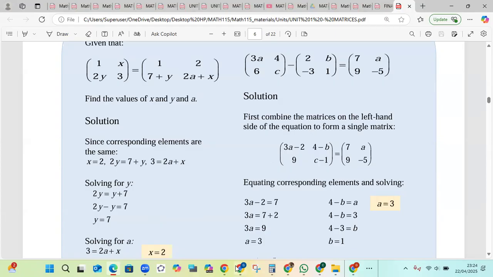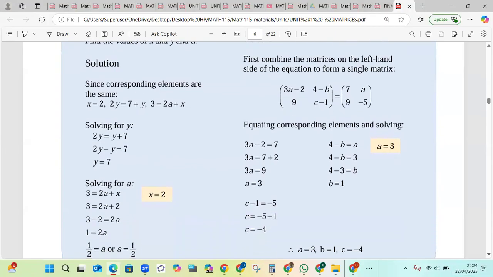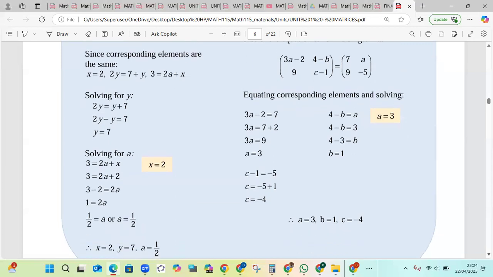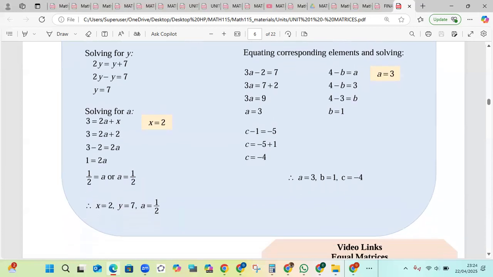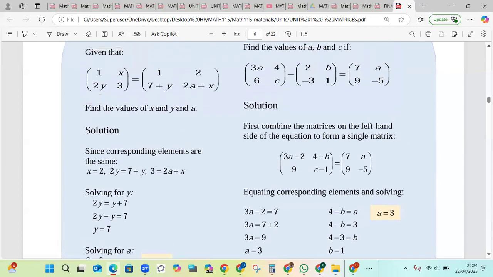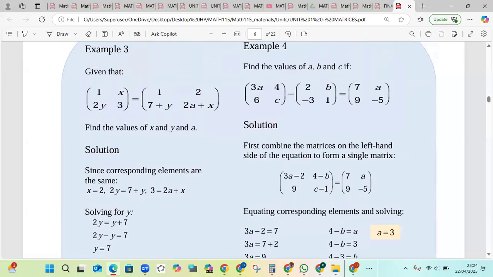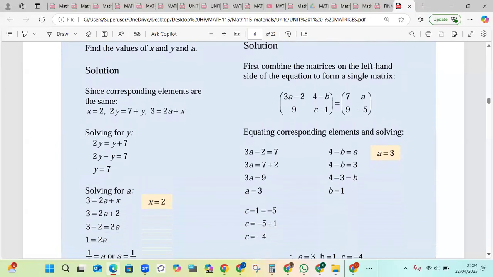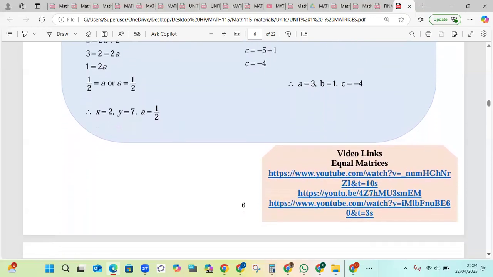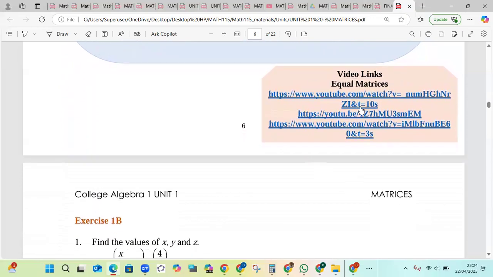X is equal to 2, so you substitute 2 in place of x, and you have 3 is equal to 2a plus 2. Subtract 2 on both sides, and then divide by 2 to find a is equal to a half. Then you have another example, example 4, and here is the solution, the same concept. On page 7, you have some YouTube video links you can look at, and exercises.